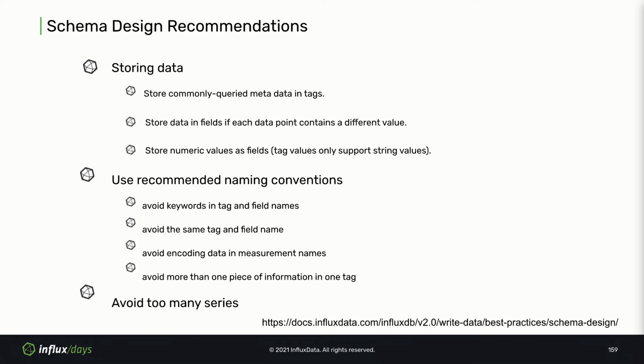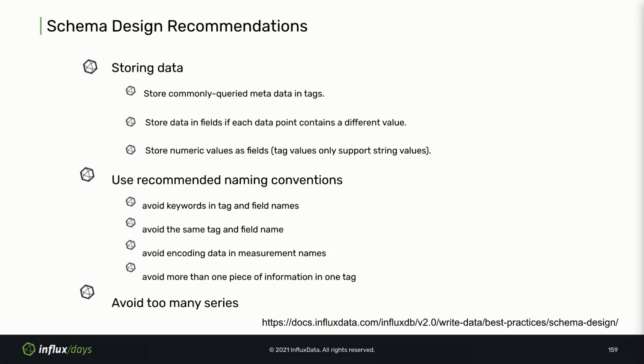For example, tag values only support string types. Really make sure that you know exactly what your tags do, what your fields do, and what shape you want your data to take before you send it, so that you don't have any issues once your data is in InfluxDB.